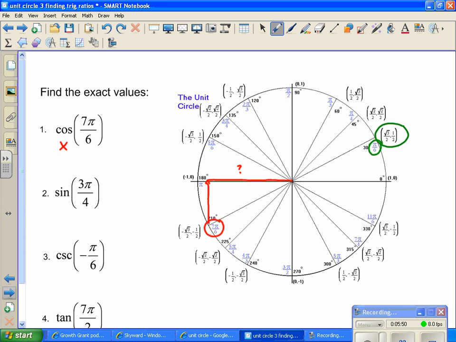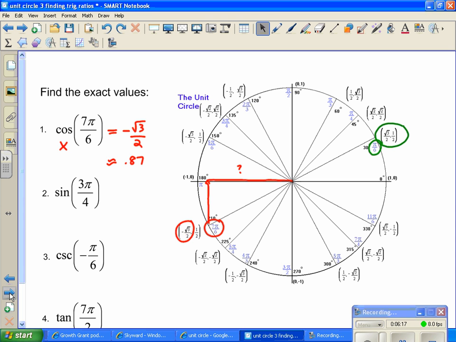And that distance is going to correspond with the x value in the ordered pair, which is negative square root of 3 over 2. Now, negative square root of 3 over 2 is the exact value. This corresponds with about negative 87 hundredths. And that's what you would find if you had your calculator in radian mode and you type in cosine of 7 pi over 6, you're going to get the decimal approximation, 87 hundredths.